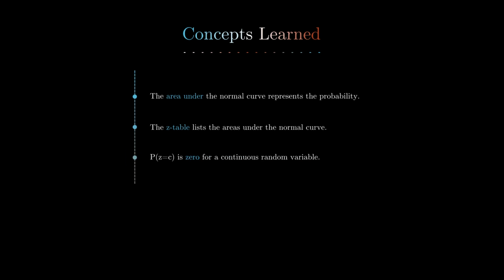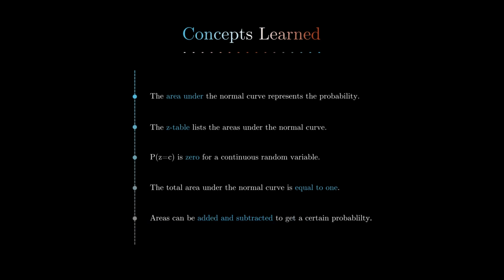That the probability of z exactly equal to a constant is 0 for continuous random variables, and that the total area under the normal curve is equal to 1, much the same as the discrete probabilities, and that the areas can be added and subtracted together to get a certain probability or a certain region in the normal distribution. Thank you for listening.